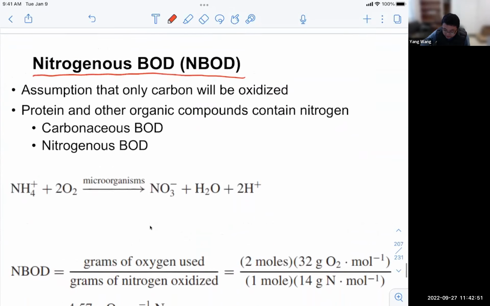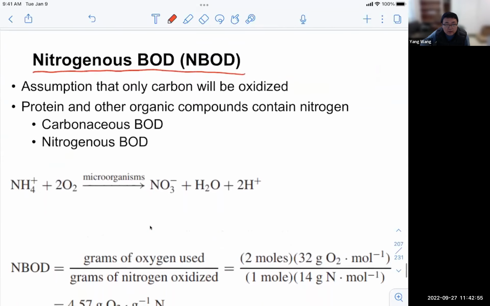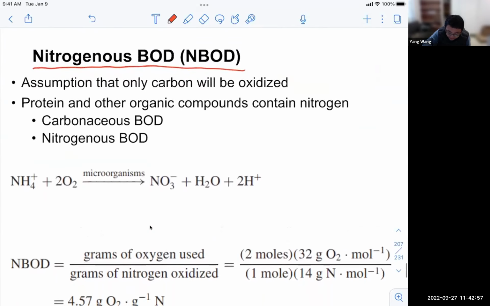So previously we were just talking about the hydrocarbons, but that was under the assumption that only carbon will get oxidized. And actually the protein and other organic species might contain nitrogen, and they can also get oxidized, right? So they're going through this process. So the ammonium ion can react with oxygen and then form nitrate ions, water, and hydrogen ions.